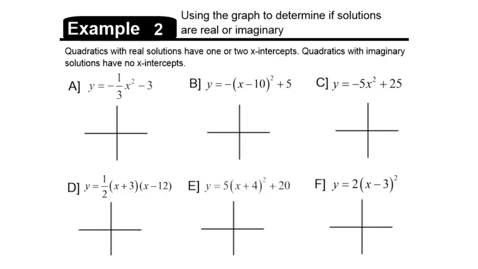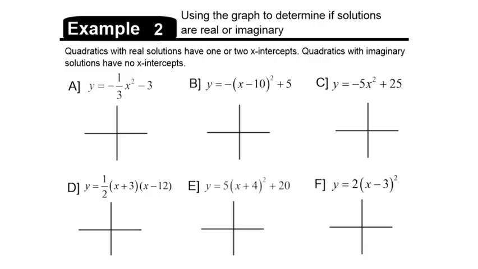Halfway between 3 and 12, maybe about 8, might be where your vertex is. It's going to come down and then go up. I'm just sketching the general shape to see if it has two x-intercepts or no x-intercepts.